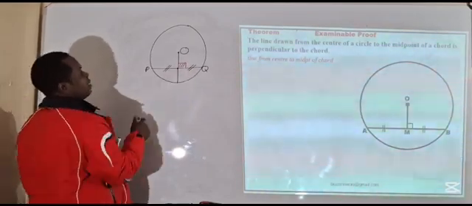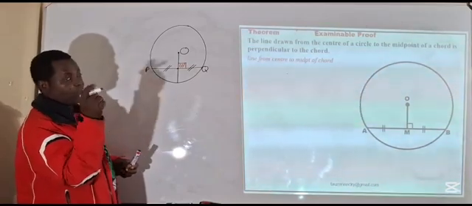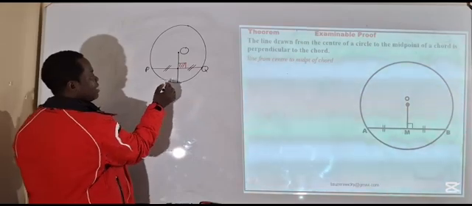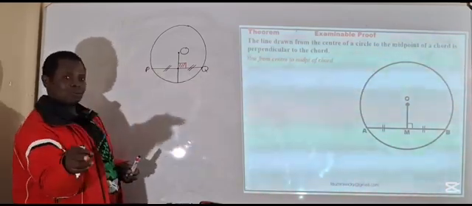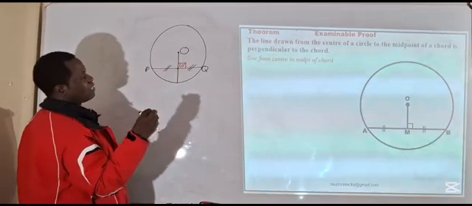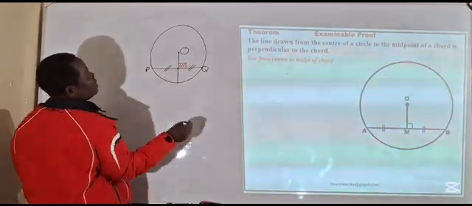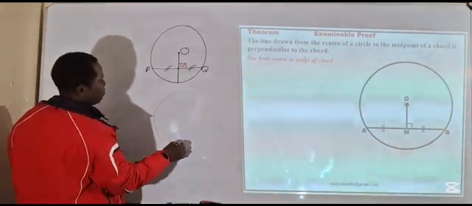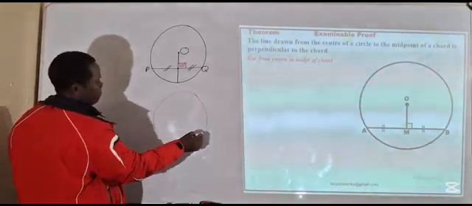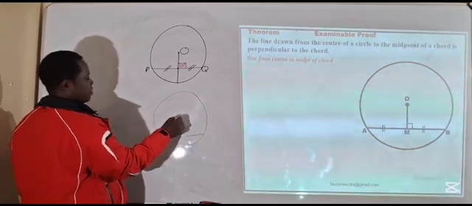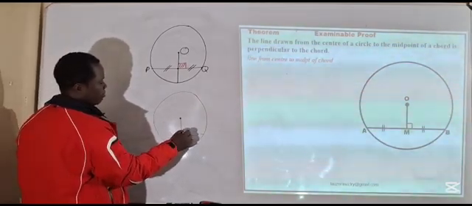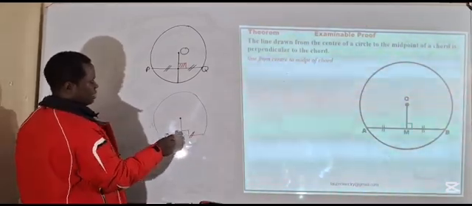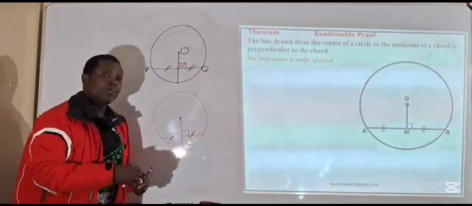The 90 degree angle, we won't tell you. We will tell you that the line from the center is dividing the chord into two equal parts. Then you must be able to say, therefore, the angle between the two is 90 degrees. So the flip side of it, or the converse of the theorem: if the line from the center of a circle is making an angle of 90 degrees here, then it follows that the chord has been divided into two equal parts.